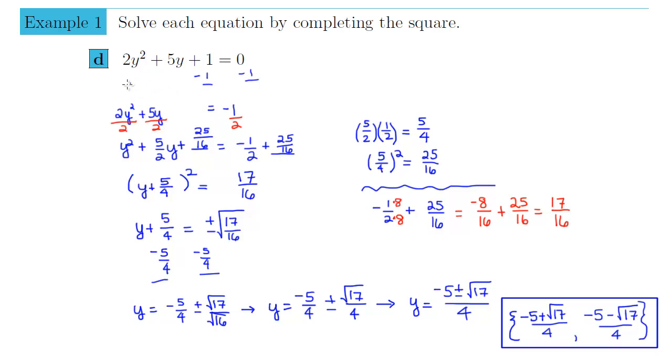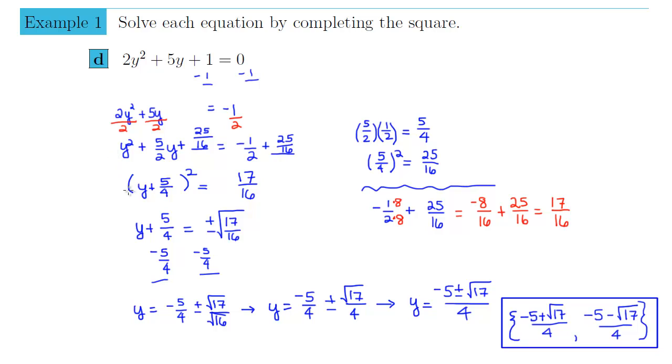Now I want to quickly summarize by telling you that what makes this equation different from our previous equations is that it had a coefficient in front of the y squared. So after you isolate your y terms, you want to divide all the terms in your equation to get rid of that coefficient and make it a coefficient of 1.